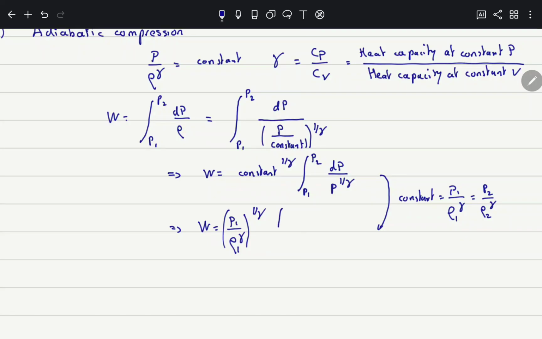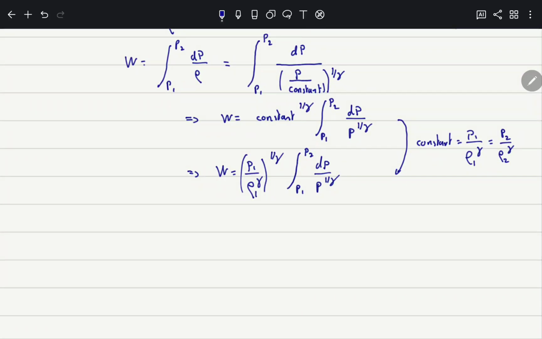And there we still have our integral between P1 and P2 of dP over P to the power of 1 over gamma. Okay, so we can slightly simplify things now. That's going to be P1 to the power of 1 over gamma over rho 1. And there, we have the integral from P1 to P2, and we're going to integrate P to the power of negative 1 over gamma dP.